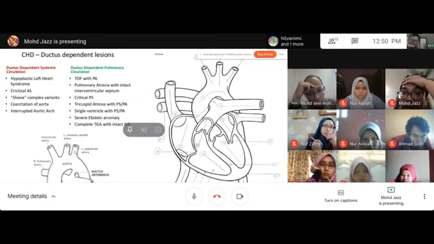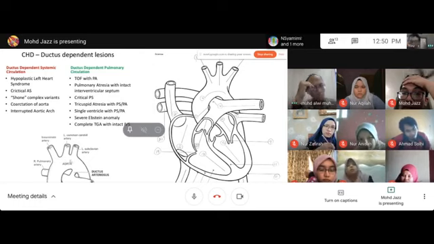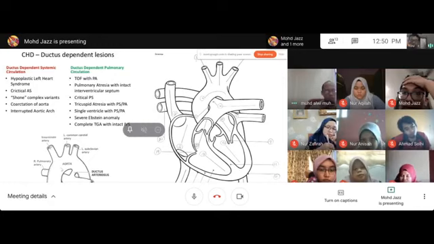Type A, which is the commonest type, has interruption of the arch at the level distal to the origin of the left subclavian artery to the point before the ductus arteriosus. That's the commonest type. Slightly to the right, please. So it is distal to the origin of the left subclavian artery, just before the origin of the PDA. That's type A.